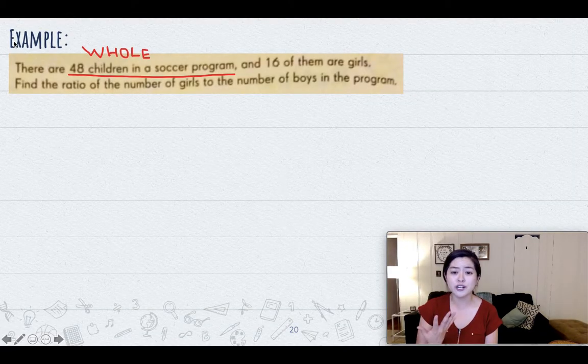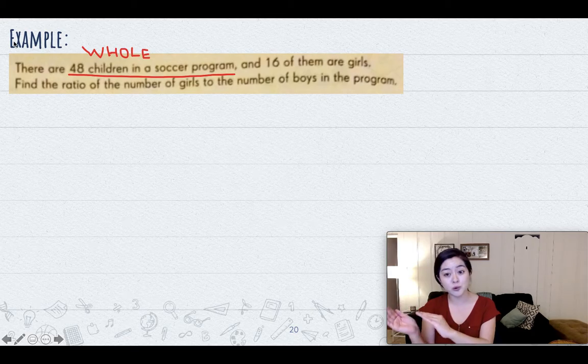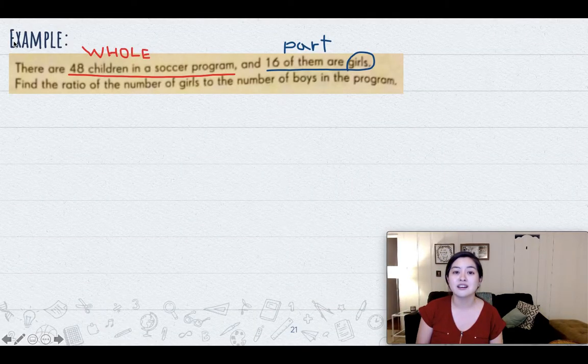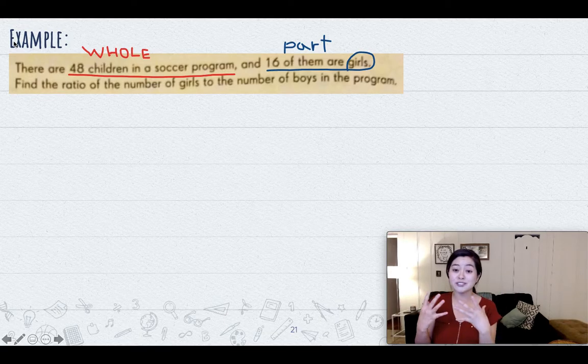Well, the 48 children is the whole, the entire number of children. That includes boys and girls. The girls that are given is the part, and there are 16 girls. So that means, wait a minute, who's left? Boys are left. How many boys are there?